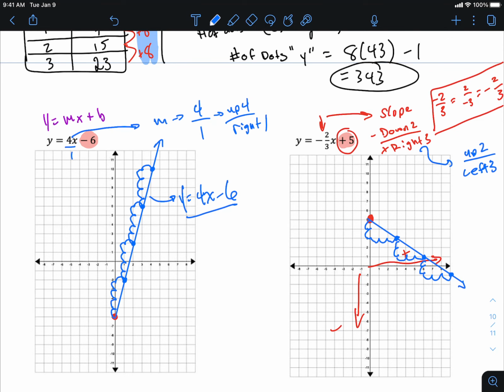If I count up 2, 1, 2, and left 3, 1, 2, 3, that fits perfect. Okay, that's your line.